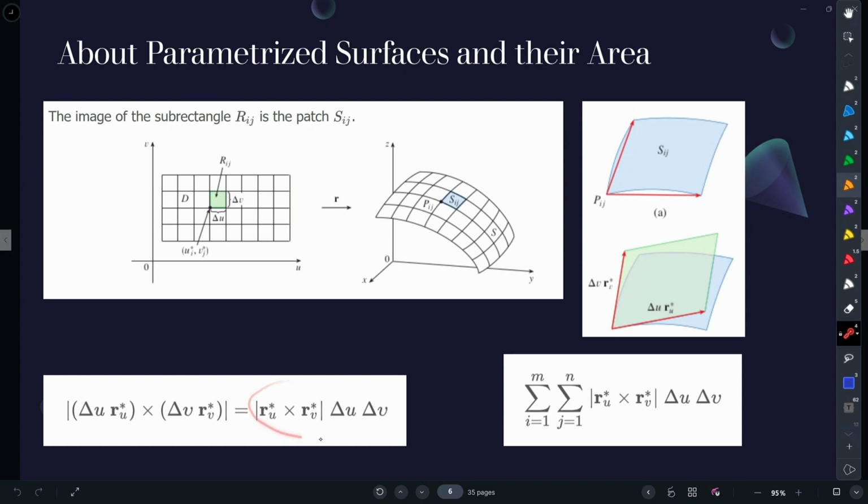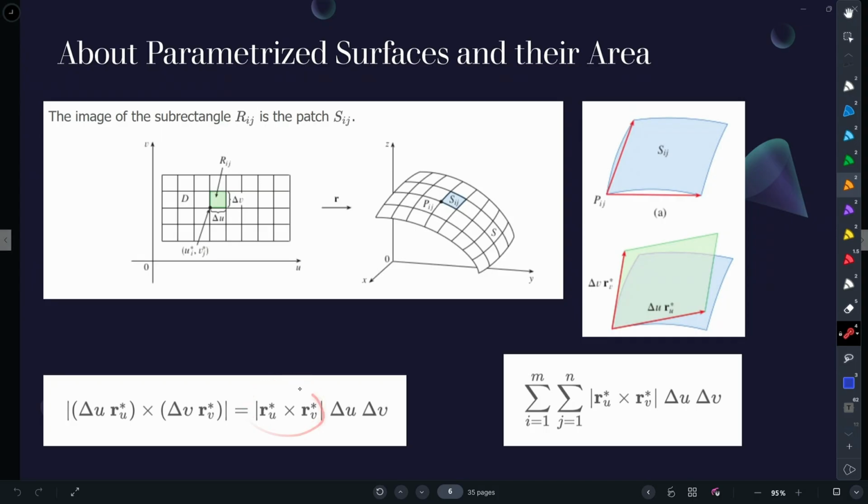This is what we call the surface conversion factor, or the surface differential. We saw that the conversion factor we need to multiply by this time is the length of the cross product of the partial derivatives of the parameterization, so the derivatives of the paths, what we call grid curves, to the surface.